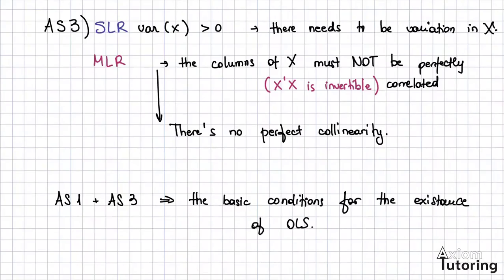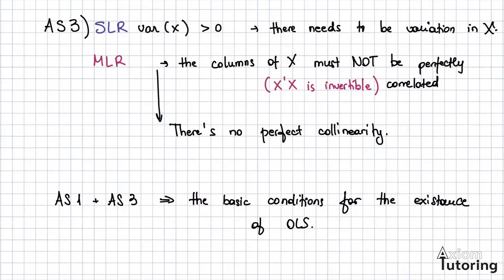What does it mean? Does it mean that it's okay to go ahead with OLS and continue just as long as we have these two assumptions? No. The answer is no. It is that, well, now I have enough conditions for me to be able to run the maths behind OLS. However, if that maths is reliable, that is still to be seen because we still need to add further assumptions.